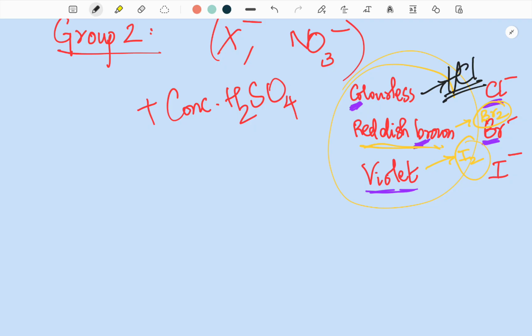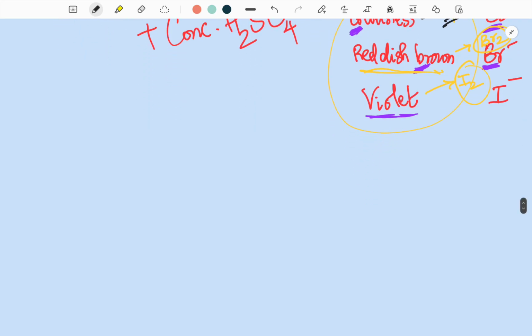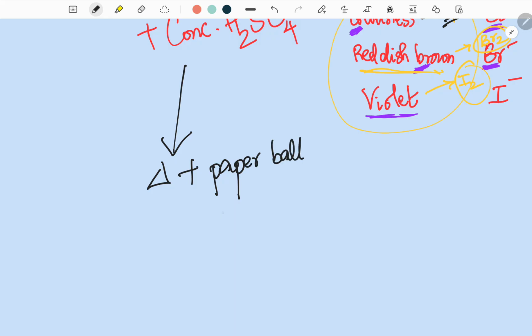So if you are not getting any characteristic vapors, you have to heat the above mixture. And once you heat it, you have to add a paper ball, or you can even use copper turnings.